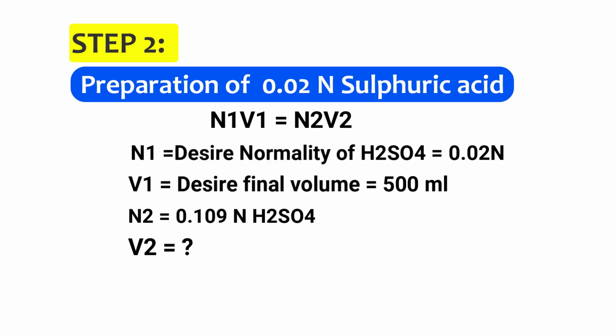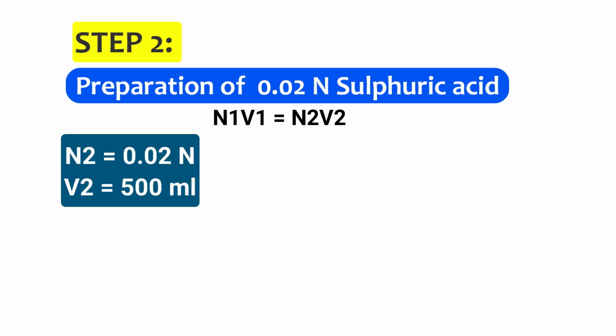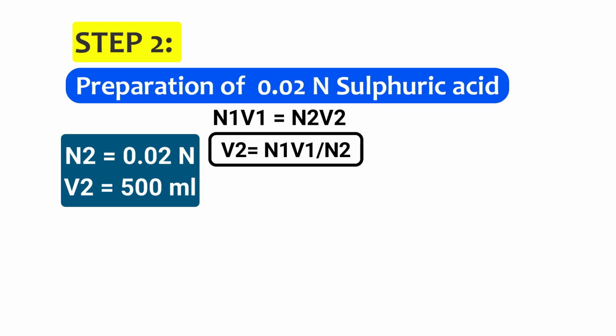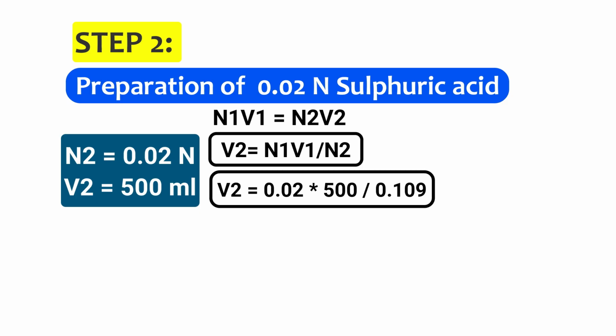So the next question is how much of this 0.109 normality acid will we take to make a 0.02 normality sulfuric acid. So we just have to find the V2 value. V2 will be equal to N1 into V1 divided by N2. So V2 is equal to 0.02 into 500 divided by 0.109, which is equal to 91.7 ml.